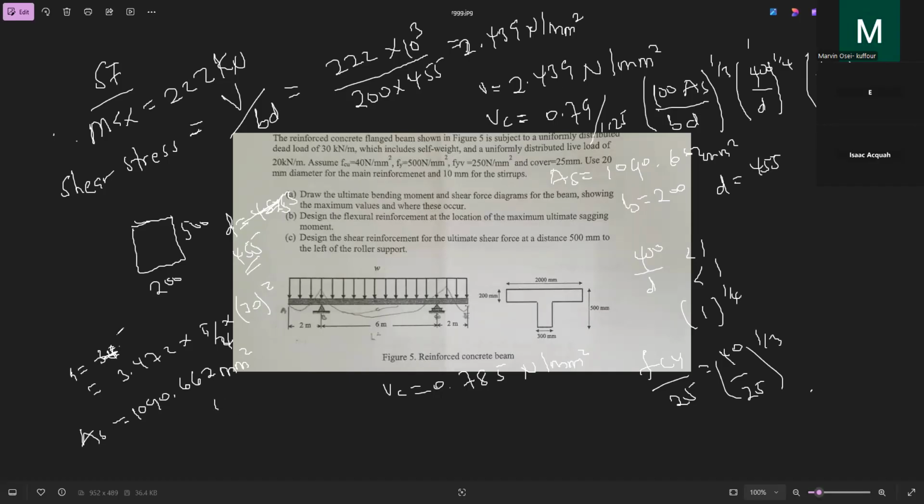And the first condition is that you have to check if 0.5 times VC is greater than V. If 0.5 times VC is greater than V, then you need no reinforcements.